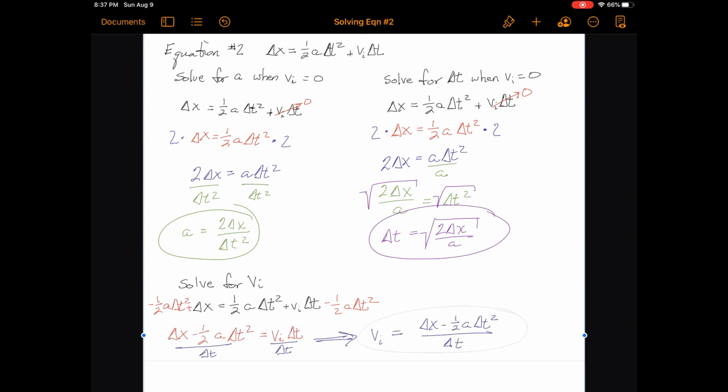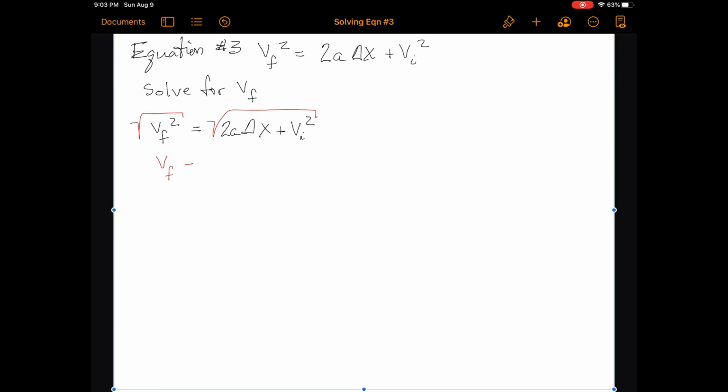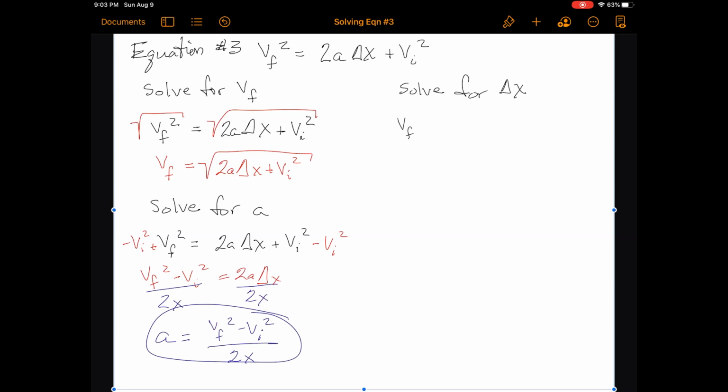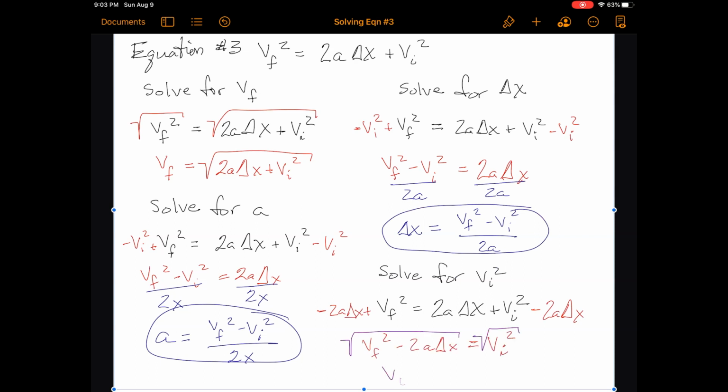Here are the ways we can rearrange equation 3. And finally, here's how we can rearrange equation 4.